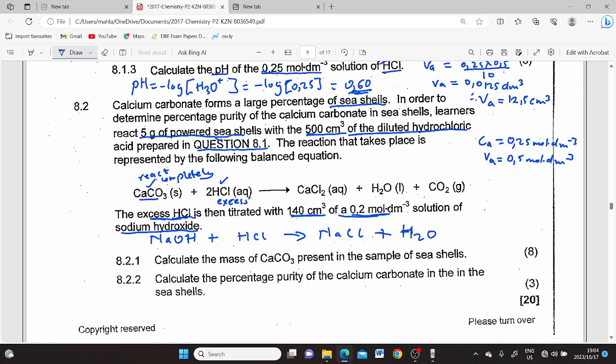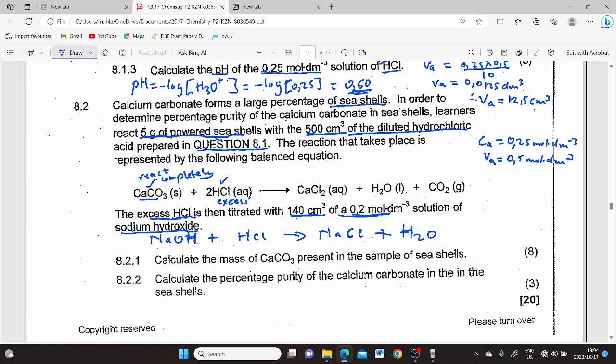Right, this is what we're going to have if we're titrating this acid with the strong base.